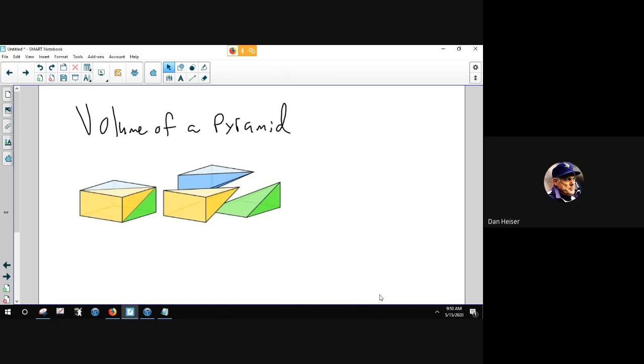A common misconception is that a pyramid is just half a prism, but it turns out to be 3 pyramids for one prism. And again, notice they all have the same base area. They all have the same height, and that's what makes them equal.